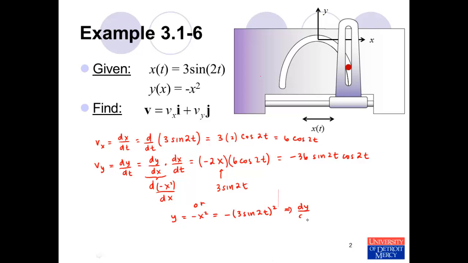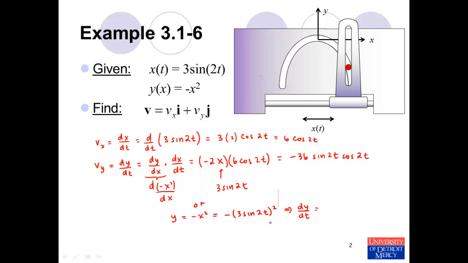So that way, if we take the derivative, dy/dt, again we have sort of a chain rule. So if we look at this, the outermost function we have is a quadratic, something squared. The next function in we have is a sine, and then the innermost function is 2 times t. And so we can do the chain rule in the same sort of way as we've done before.